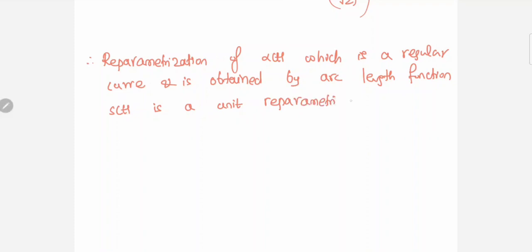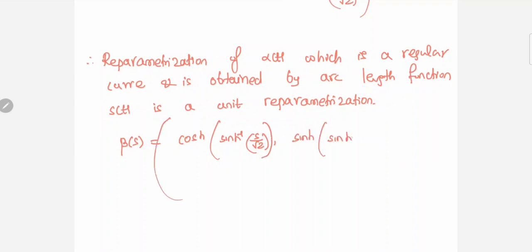It is given by beta of s is equal to cosh of sinh inverse of s by root 2, the second coordinate sinh of sinh inverse of s by root 2, and the third coordinate sinh inverse of s by root 2.